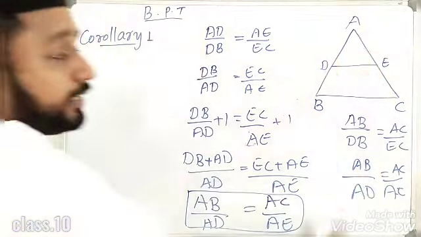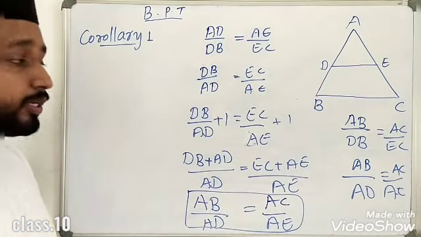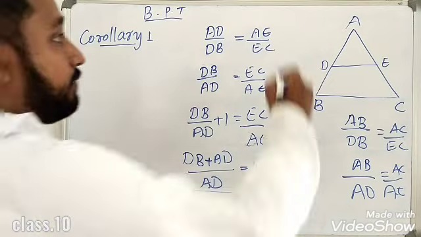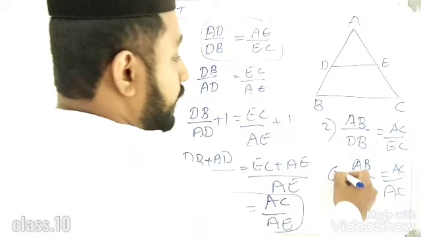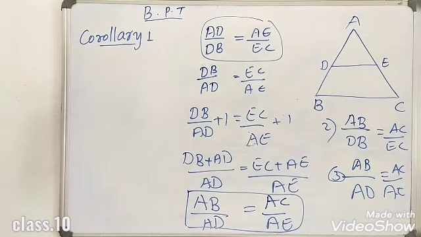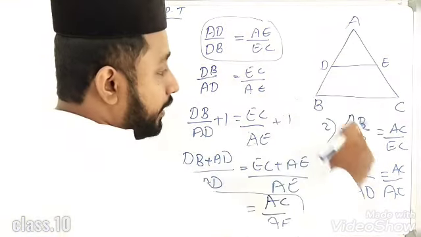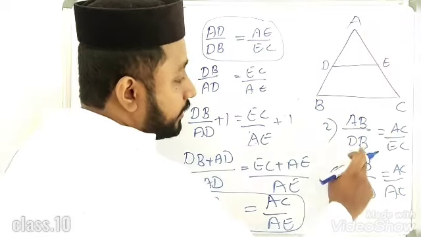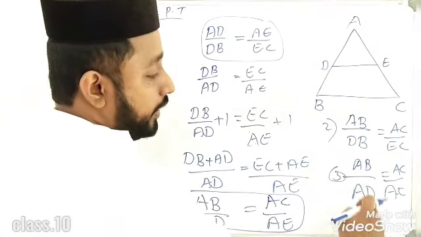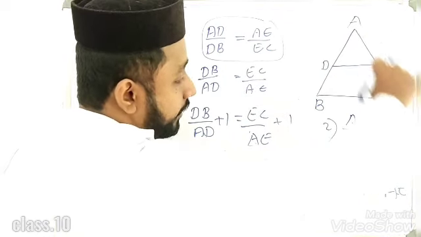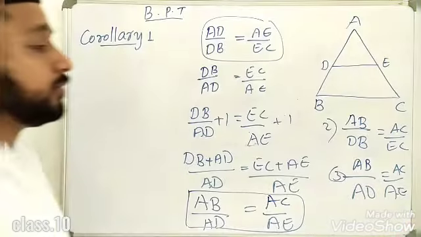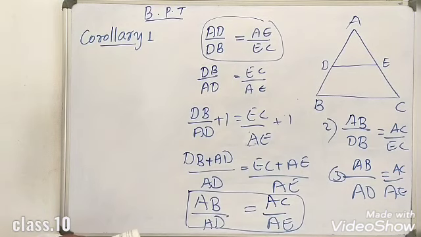So we can take the ratios in the same way. We have the first result BPT, then the second and third: AB by DB is equal to AC by EC, and AB by AD is equal to AC by AE.